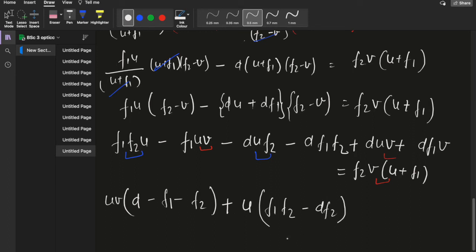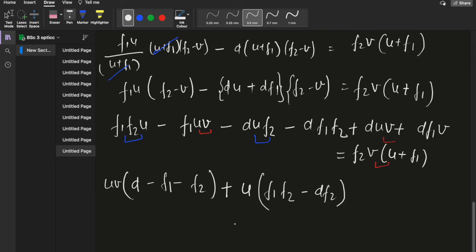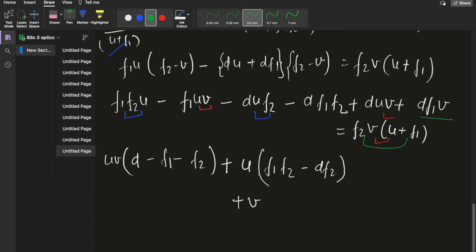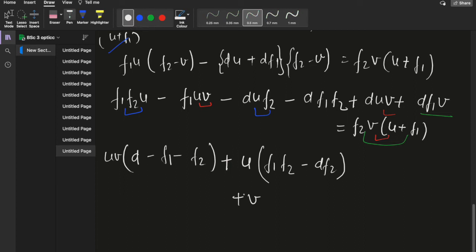All right, now just take V common. See where there is a single V, in these two terms, only two terms. So if we take V common, the first term is your DF1, and this is going to be negative, so this is our F1 F2, and the last term is this term.